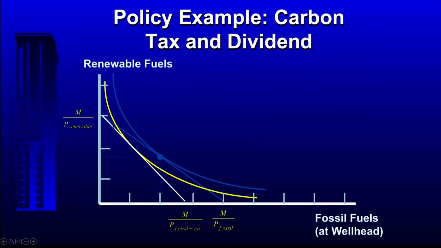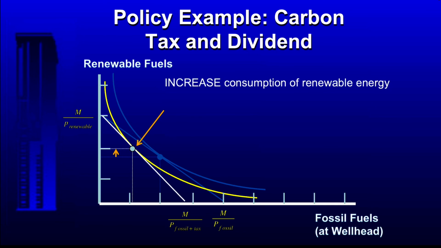So people in general will be on a lower indifference curve because there will be less energy to consume at any point. So certainly, yeah, we're going to have the issue where we're going to be consuming more renewable energy, but there will be a social cost caused by the tax itself.